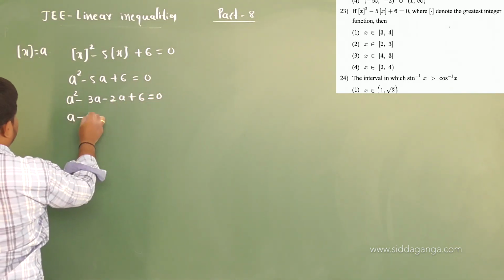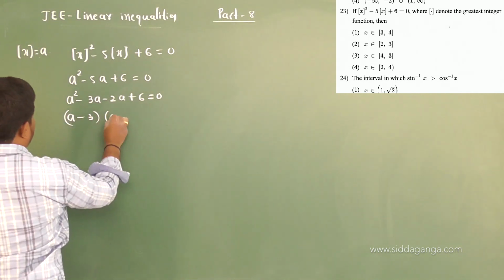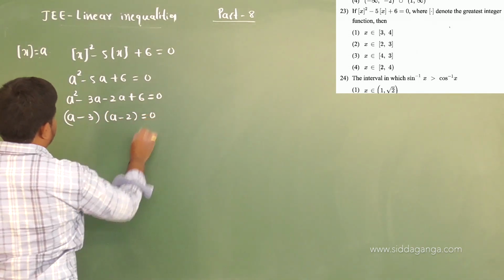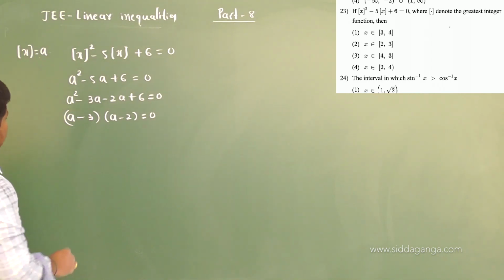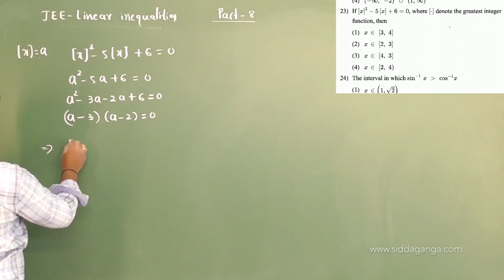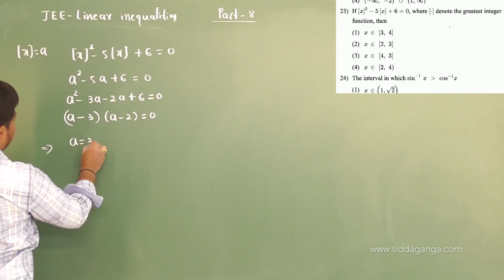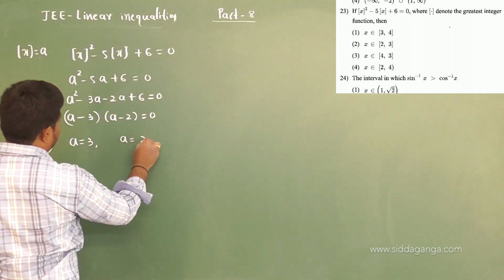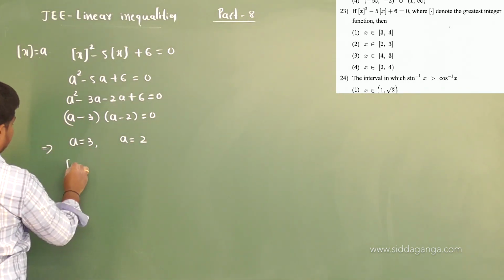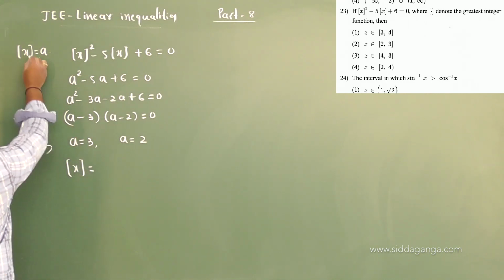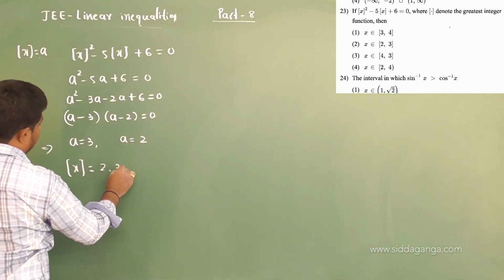So (a minus 3)(a minus 2) equal to 0. These are the factors. You mean a equal to 3 or a equal to 2. So integral part of x is 2 or 3.